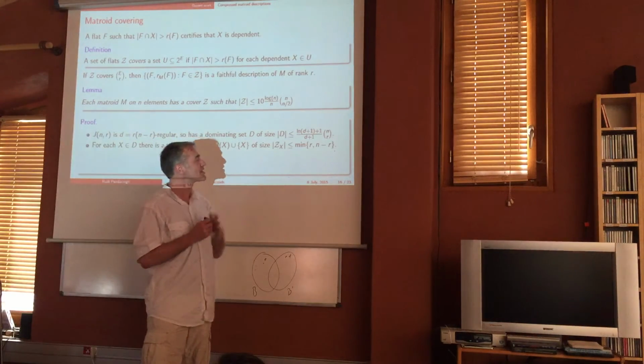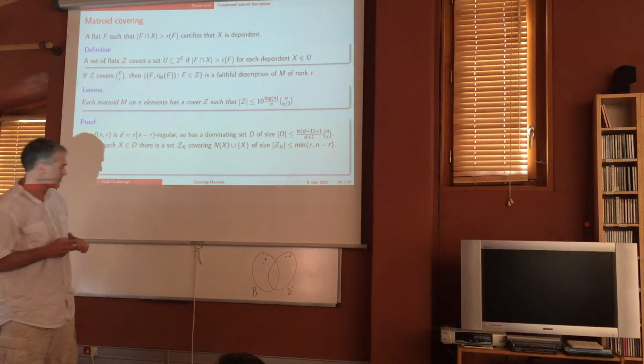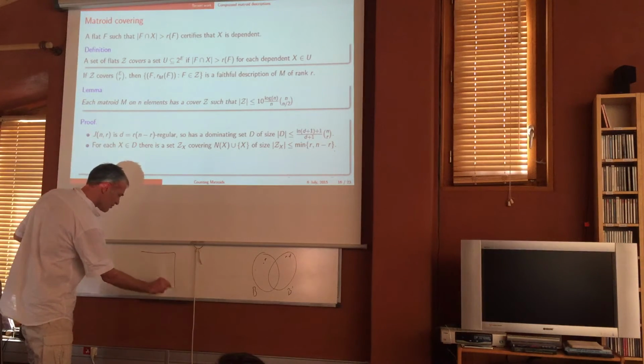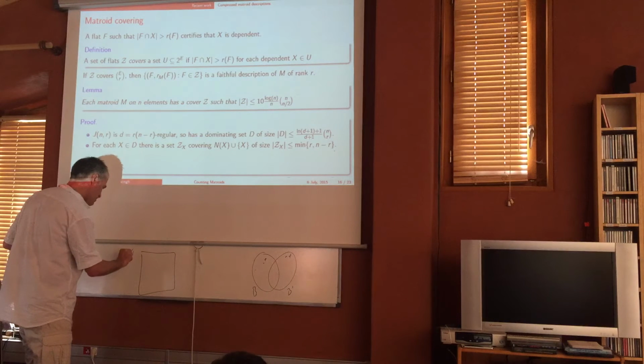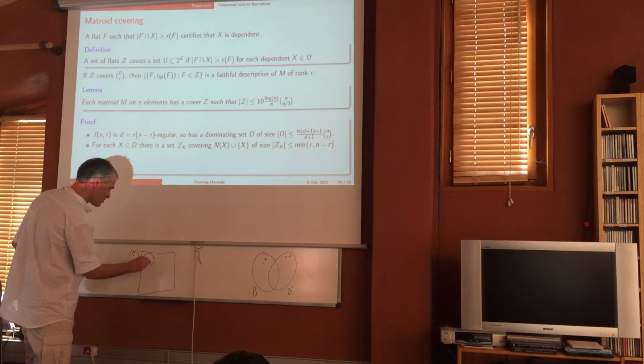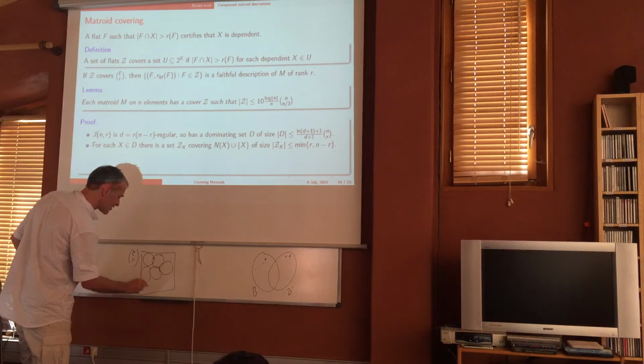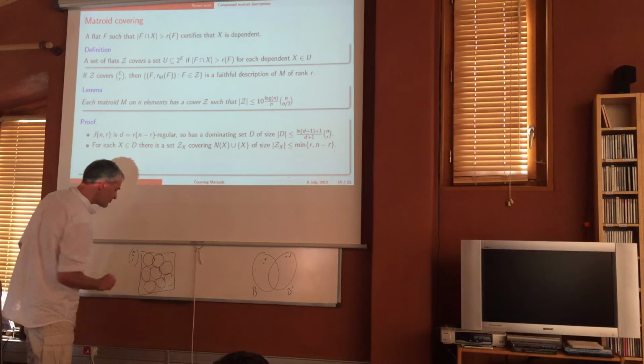So now we have a dominating set. So we're good. If this is all the R sets, we now have a set of vertices, and together all those neighborhoods cover the entire set of R sets.